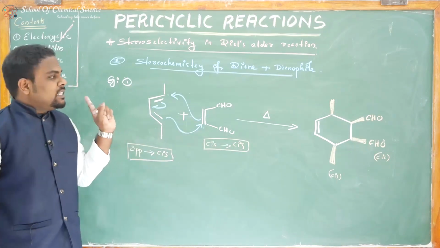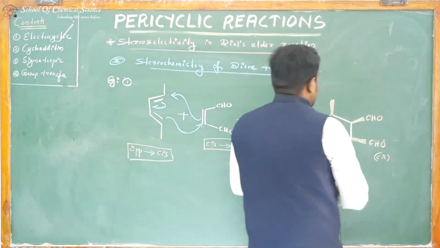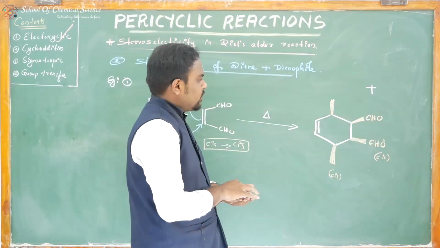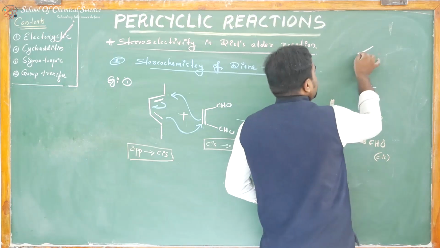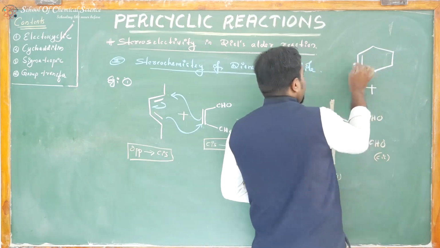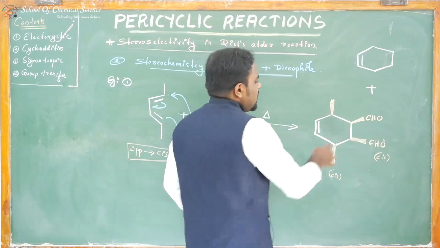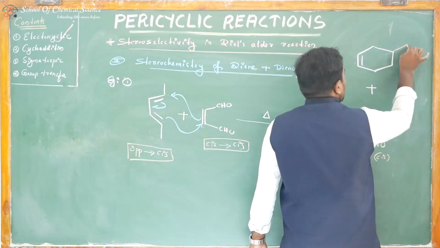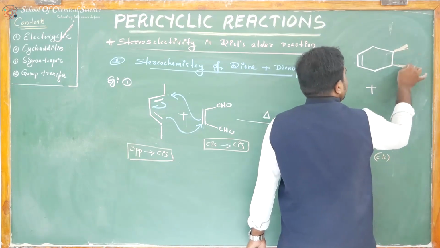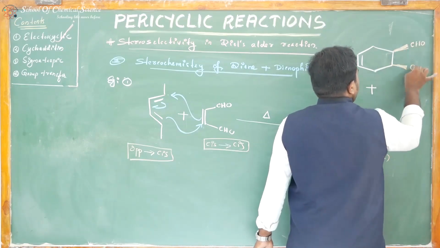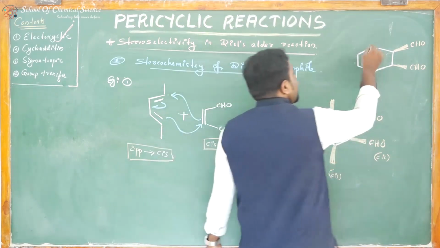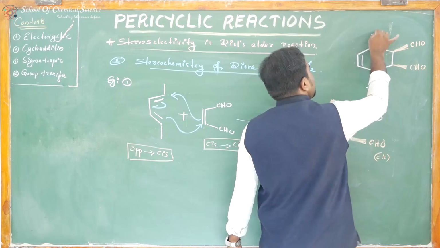One more possibility is there. Plus another possibility. A 6-membered ring. Here a double bond. These two CHO groups are cis. Okay. CHO and CHO on same plane. Then these two methyl groups are on same plane. Okay.